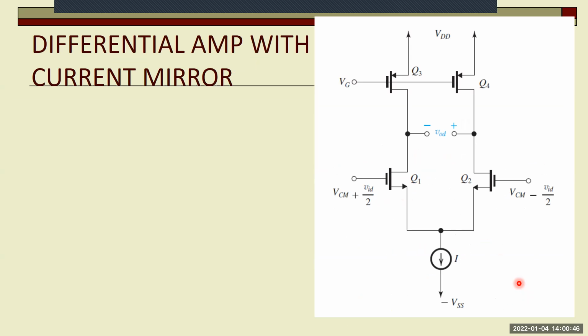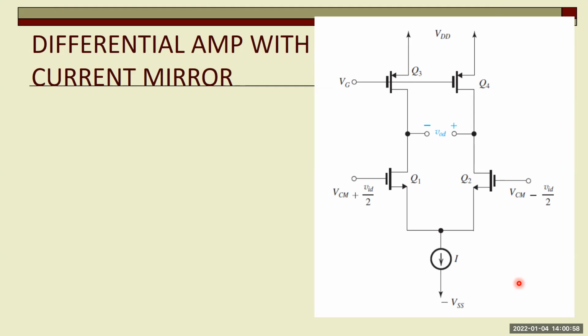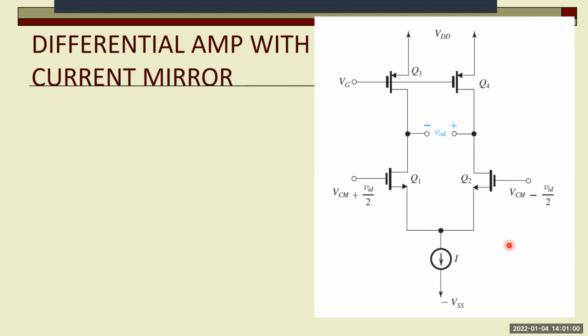What if we use a current mirror to bias this differential amplifier? The circuit can be pretty much summarized like this. The inputs are the common mode voltage plus the differential voltage, and the common mode voltage minus the differential voltage.